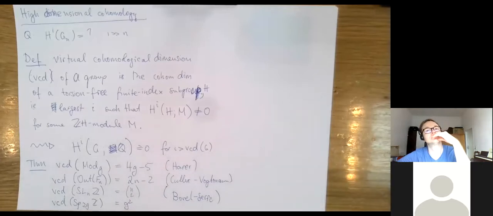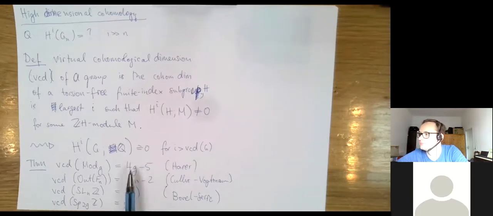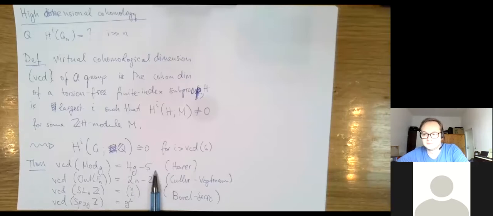That then raises the next question: what do we want to mean by high dimensional? We don't want to mean everything where it's 0. Maybe we just want to mean what happens in the top degree where it could possibly not be 0, or where we know that it's not 0, at least if you take some kind of coefficient system.